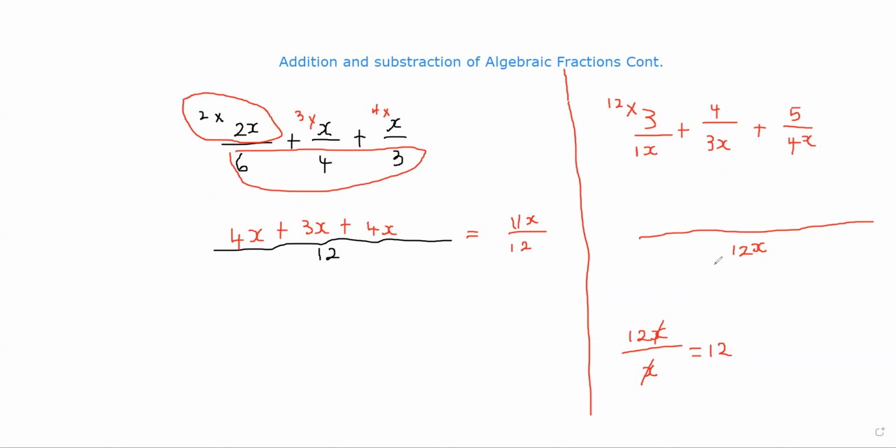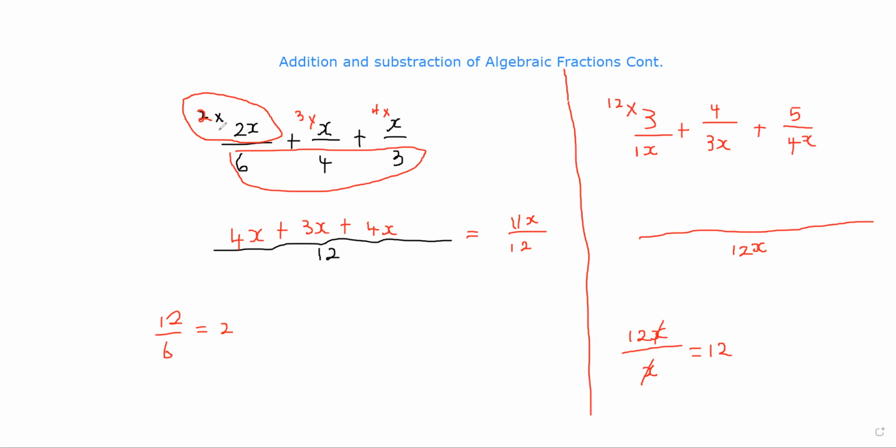So again, you understand how we get the 12x, the LCM? Yes, sir. Good. So remember, in this case over here, all we do is divide the 12 by the 6, and 12 divided by 6 is 2. We use the 2 and multiply it by the numerator.